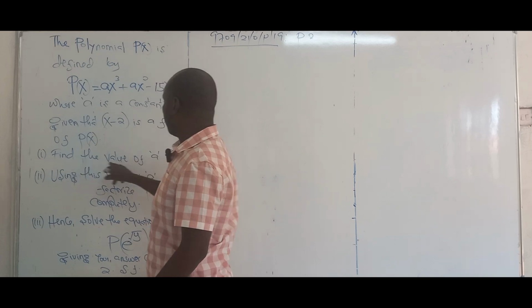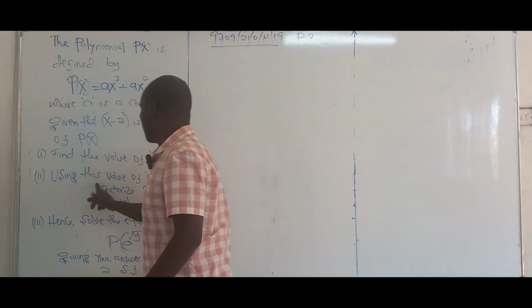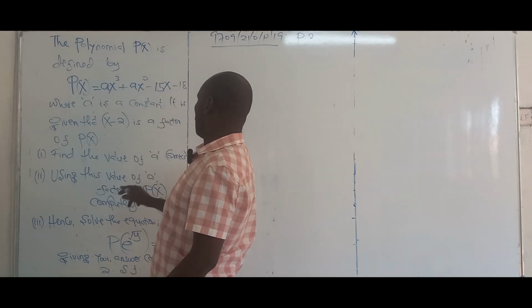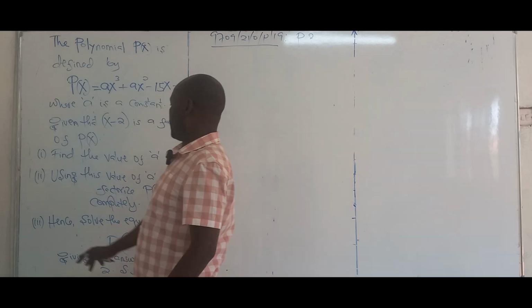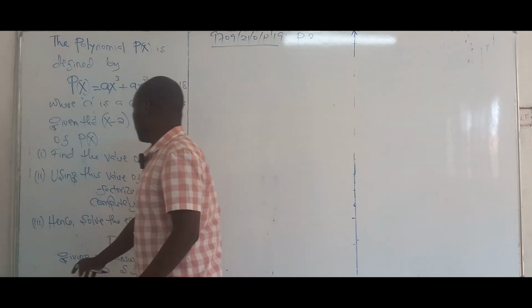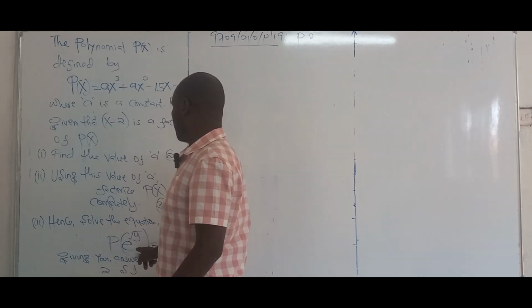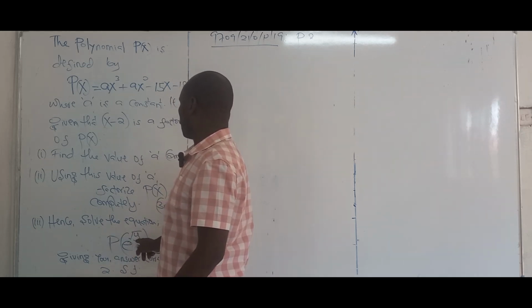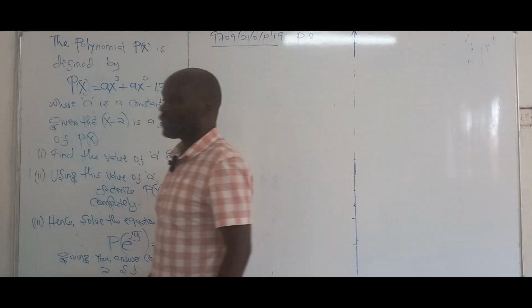Part 1, find the value of a, 2 marks. Using this value of a, part 2, factorize p(x) completely, 3 marks. Then hence, part 3, solve the equation p(e^√y) = 0, giving your answer correct to 3 significant figures.